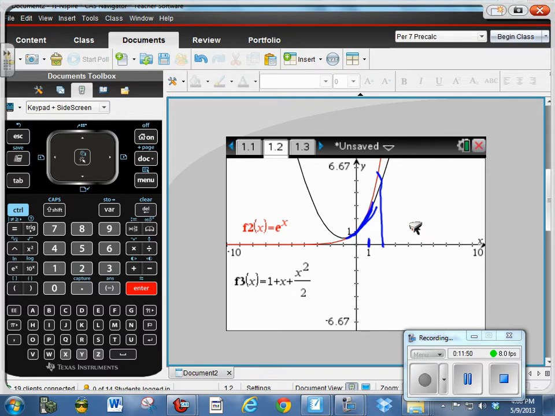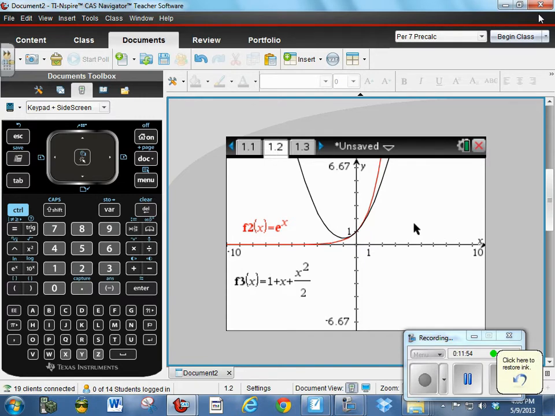If I add more terms, the more terms I add, let's see if I can turn that off, the more closely the power series approximation will approach the graph of e to the x. So let's add another term and just see what happens.